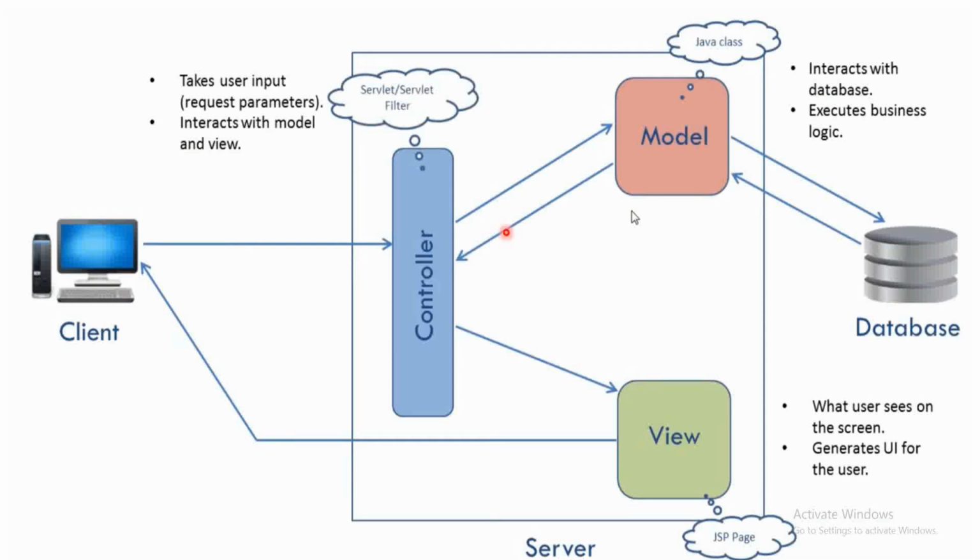How these three components interact with each other and pass data between each other might be different for different MVC frameworks, but the overall picture will remain the same. That is, the application will be divided into three parts. So there will be a model, a view, and a controller. So that's it, guys.